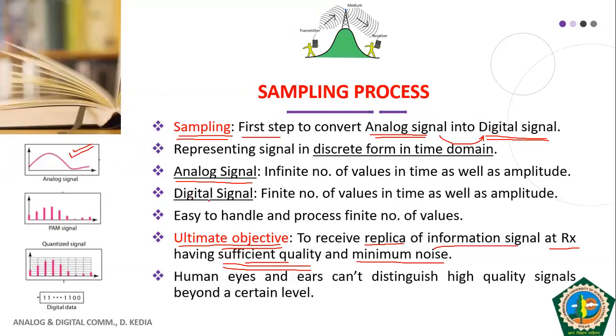And in an analog signal, there are infinite number of values or infinite number of voltage levels present in the time domain as well as in the amplitude domain. So if you look at an analog signal carefully, I have infinite number of voltages present at infinite instances of time. In both domains, I have infiniteness present.